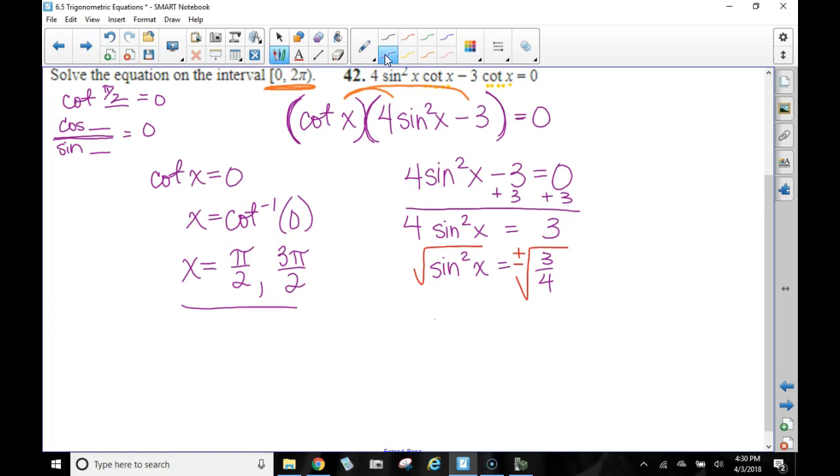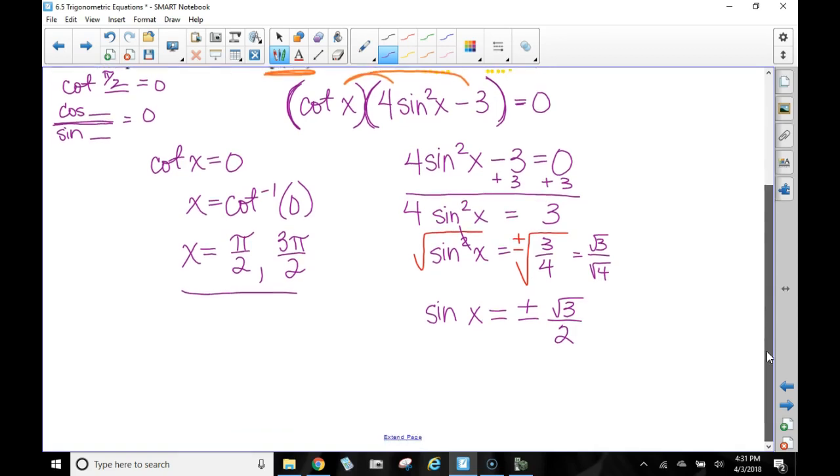So we have sine of x equals, because the square and the square root knock each other out, just leaving us with sine x equals both positive and negative square root of 3/4, which is the same thing as square root of 3 over square root of 4, which simplifies to square root of 3 over 2.